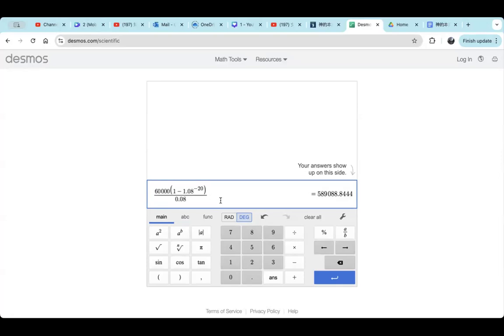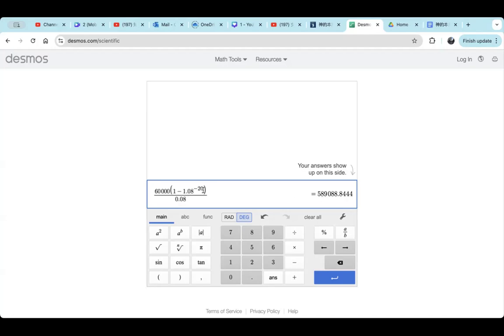Let's see, something's wrong. So 1.08 raised to negative 20, subtracted from 1, divided by 0.08.